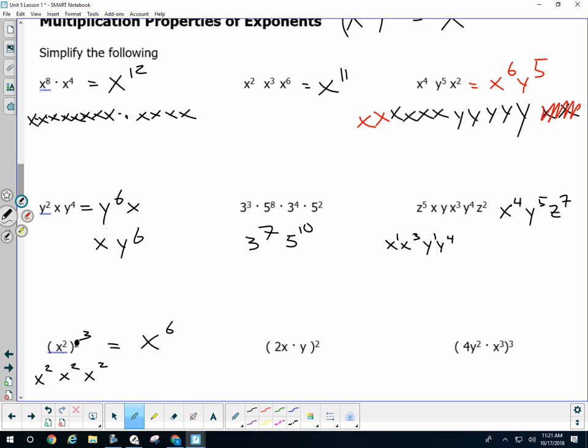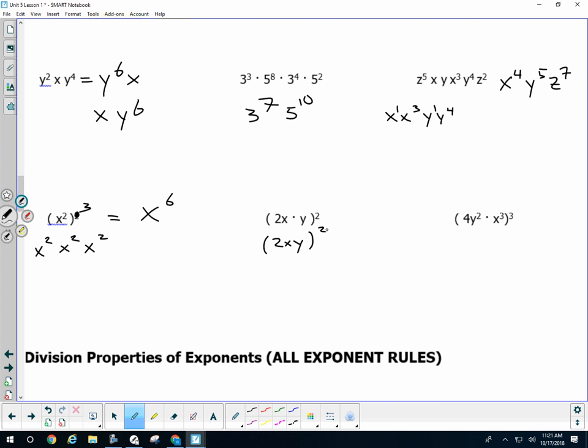Now this one, the square, 2xy. You don't even need the dot there. Yes, I changed that to a 3. You can just write this like this. Now, if you wrote it out, you could see that you need to distribute your exponent into every single term.